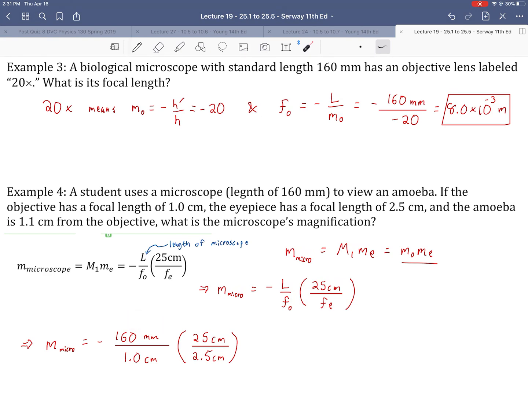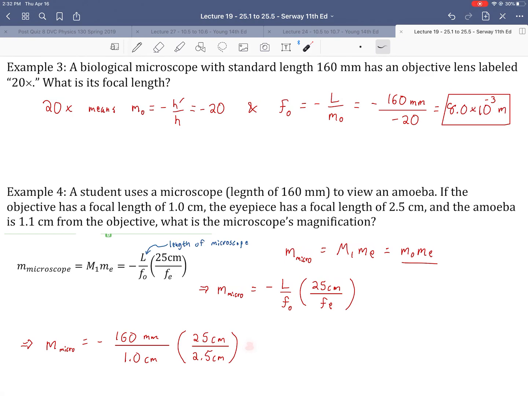And so then the magnification of the objective is 16. The magnification of the eyepiece on the other hand would be 10. So we have a 16 and a 10, and we put them together, and we do end up with 160 as our total magnification. Okay, and it's negative. Yep, and the reason it's negative is because the final image is indeed inverted, so the total magnification should also be negative.